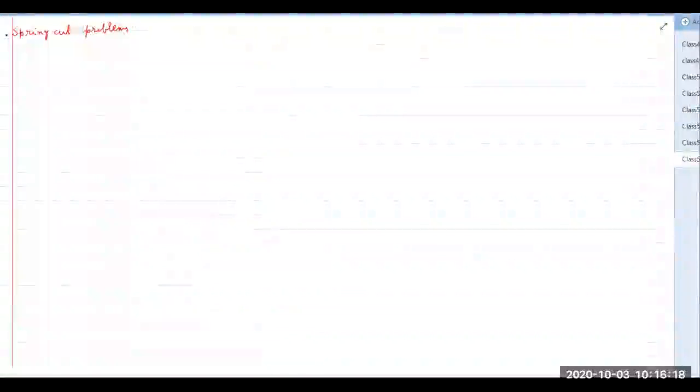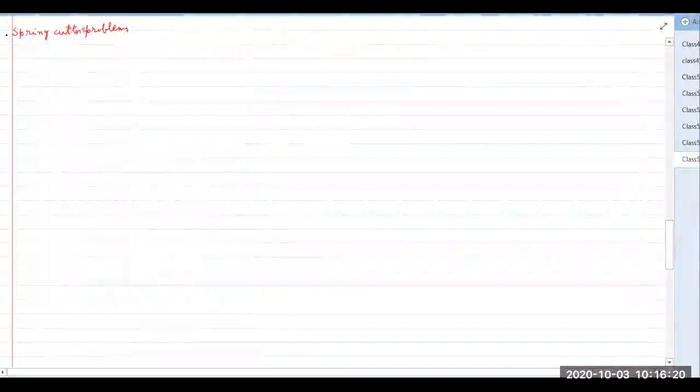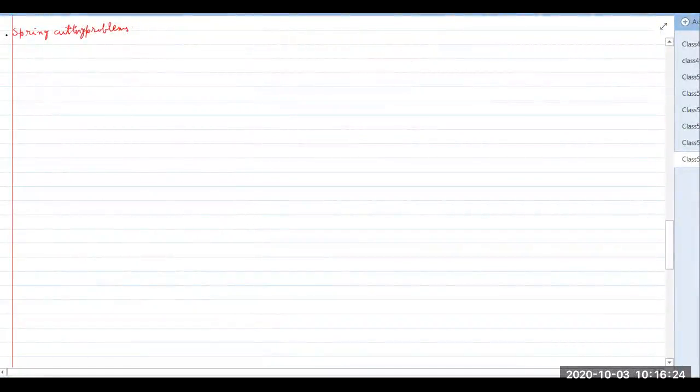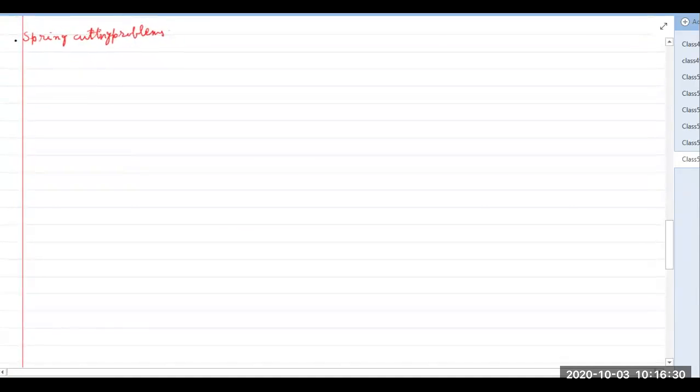String cutting problem. What is this problem? Suppose I'm giving a question. Suppose we have this kind of system. Suppose we have an object hanging here.